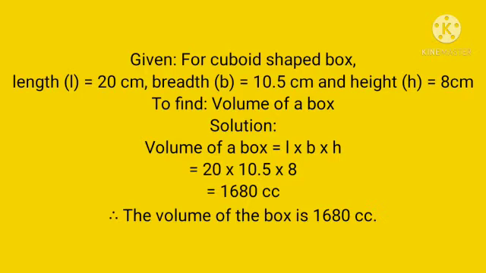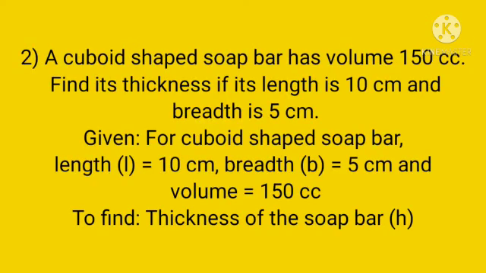So volume of a box is equal to 20 multiplied by 10.5 multiplied by 8, which is equal to 1680 cubic centimeter. Therefore, the volume of a box is 1680 cubic centimeter.